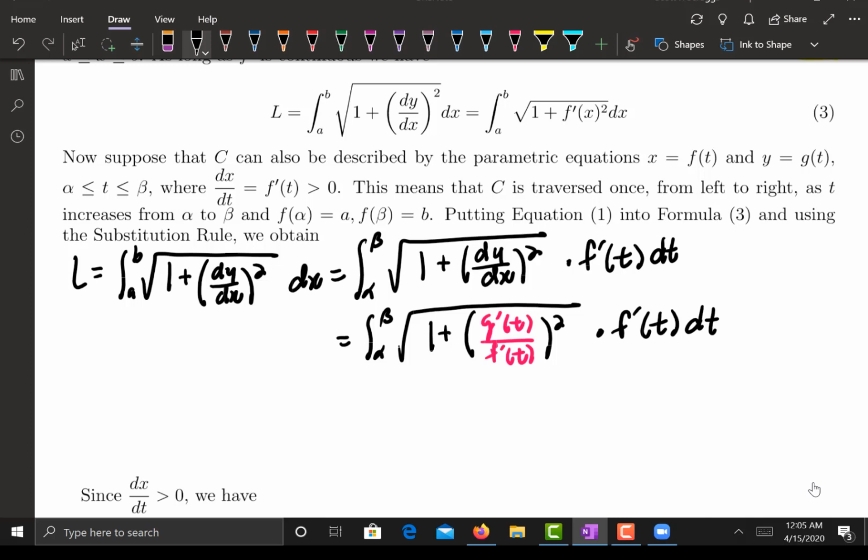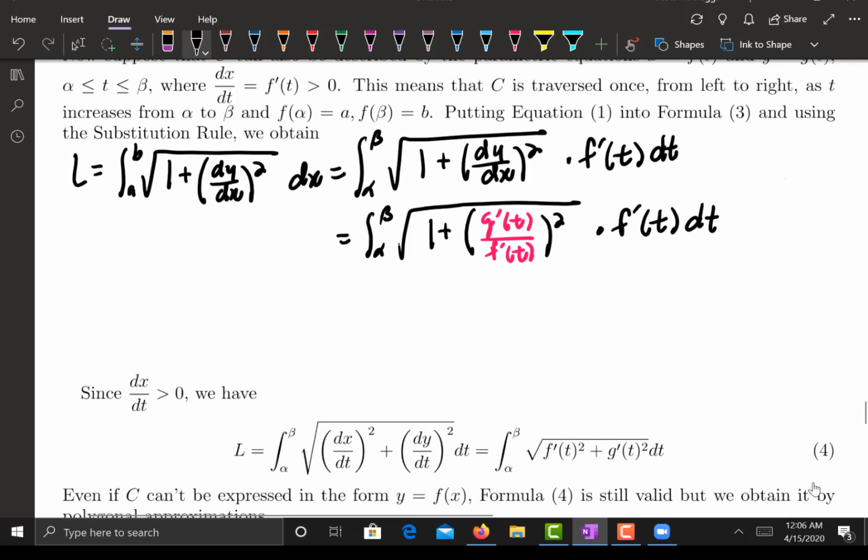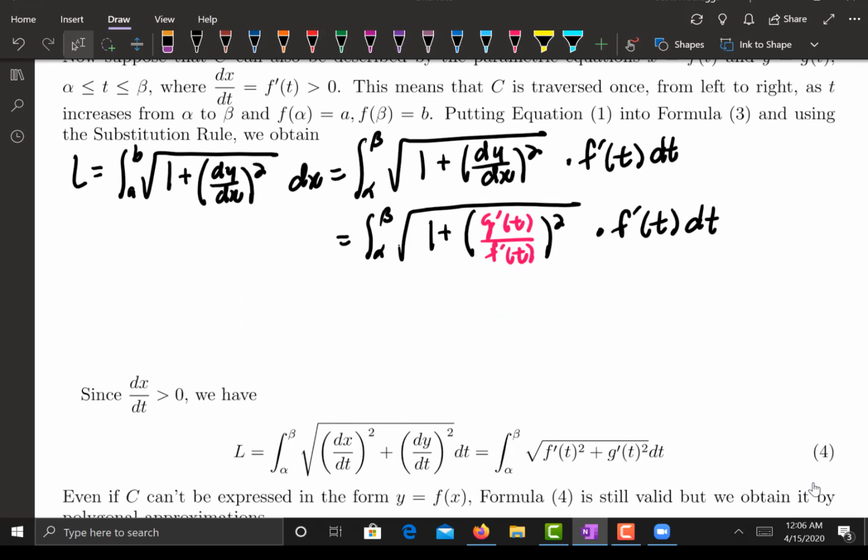Well, with that, here's my next note. f prime of t, I assume that that's positive.